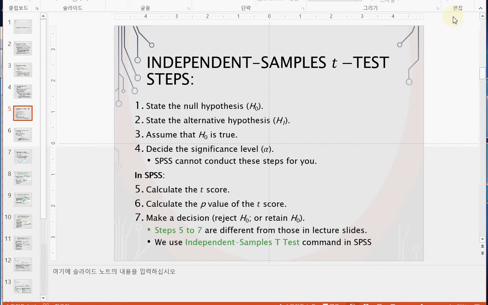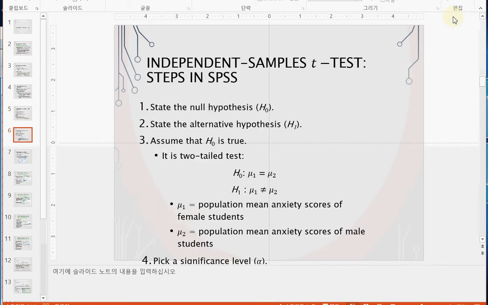So following through the steps of a hypothesis testing, we have to state the hypothesis. Our interest is to see if the female's anxiety level is any different from the males. So the word different could possibly contain greater than or less than, which means a two-tailed test.